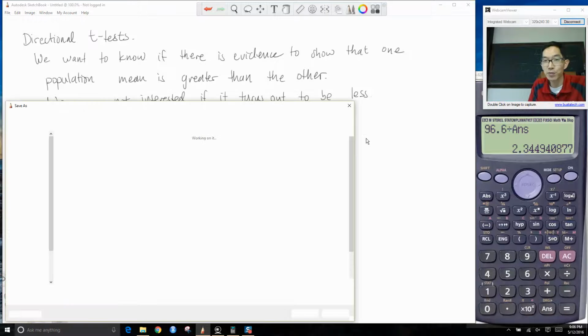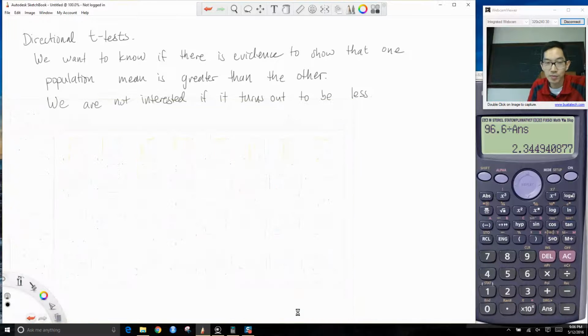So for example, perhaps a company claims that users of their product have more whatever than users of the other competitor's product.